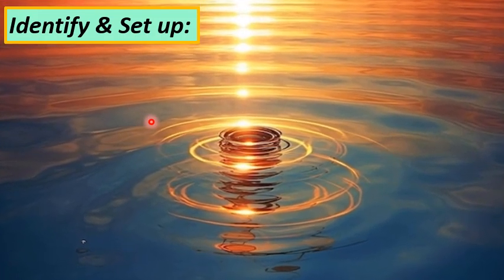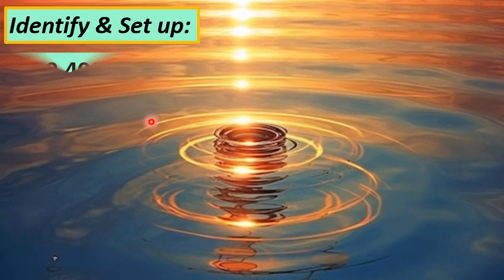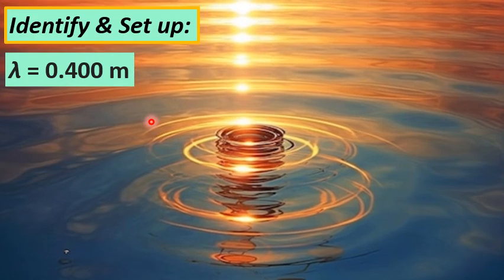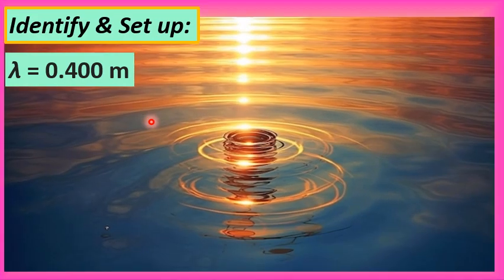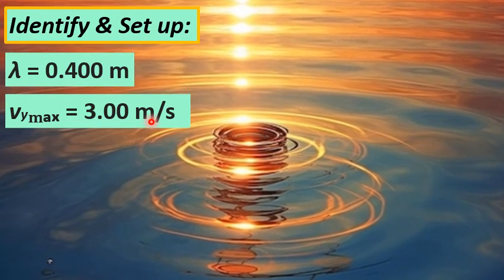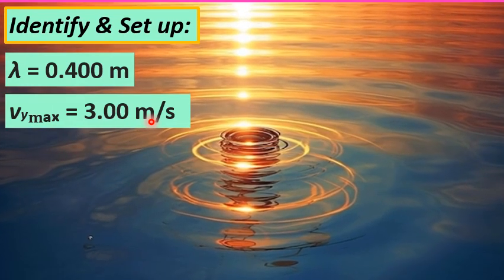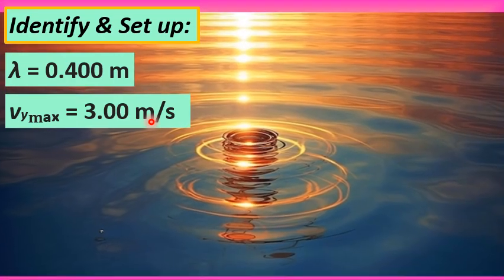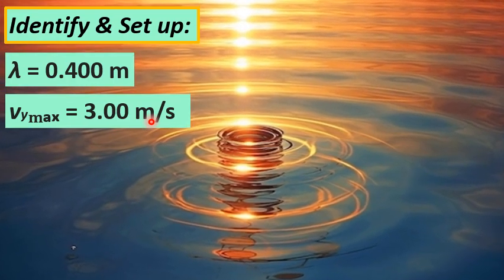Here are the given data. The wavelength lambda is equal to 0.400 meters. The maximum transversal velocity of the particle, v sub y max, is equal to 3.00 meters per second.